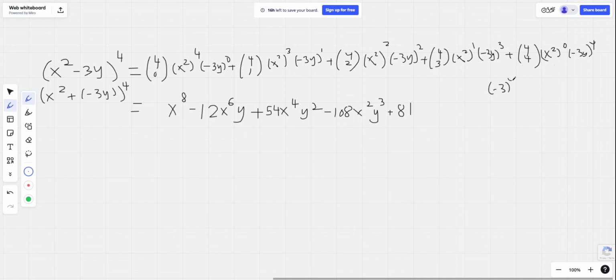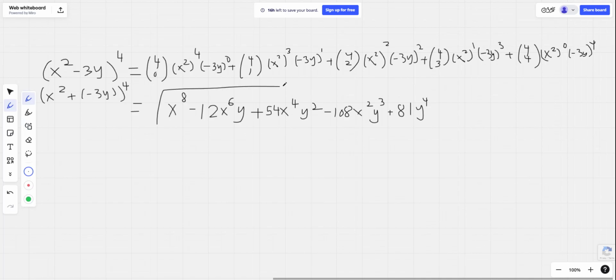Negative 3 to the 4th is negative 3 times itself 4 times, which is positive 81. And y to the 4th is just y to the 4th.